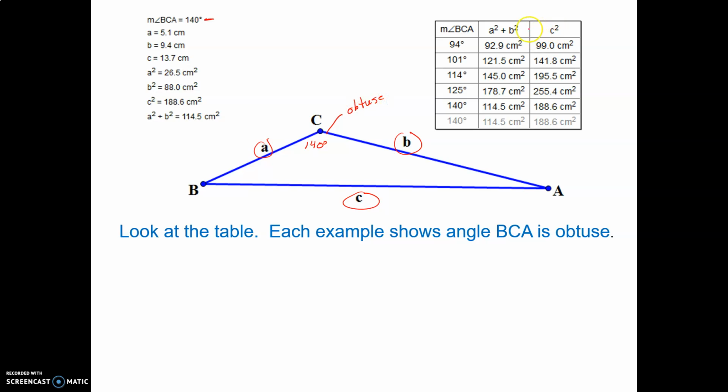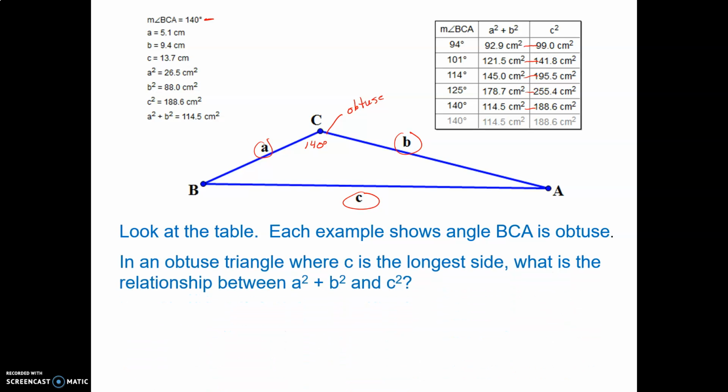So look what happens. The A squared plus B squared here is less than C squared. Here A squared plus B squared is less than C squared, and in all the rows that I have here, A squared plus B squared is less than C squared.